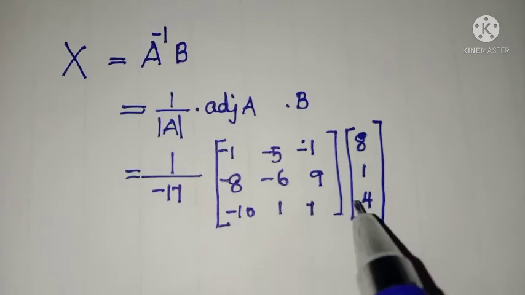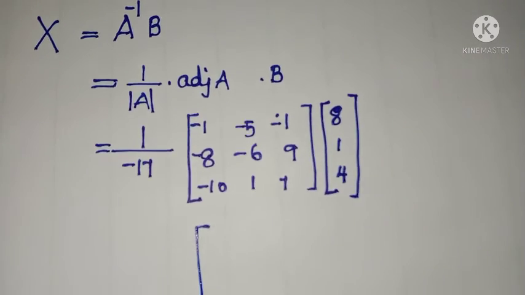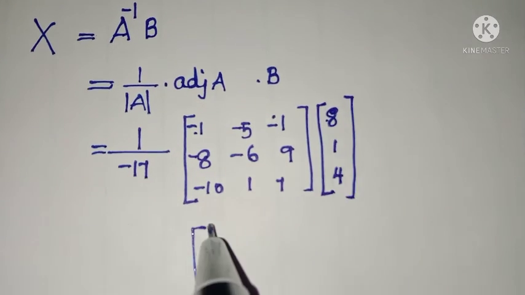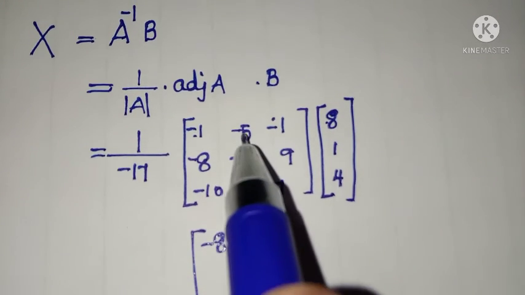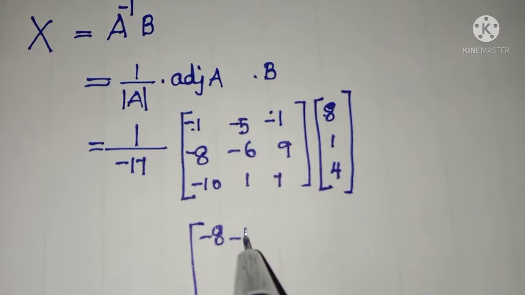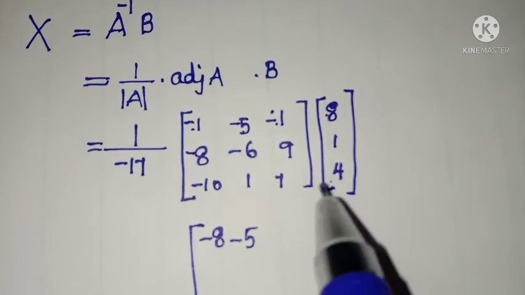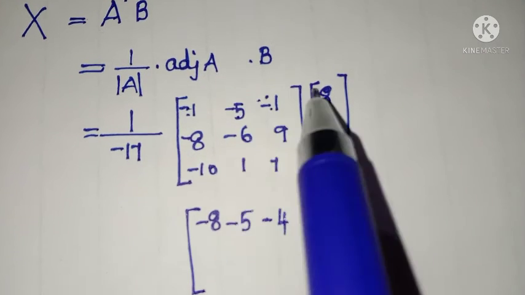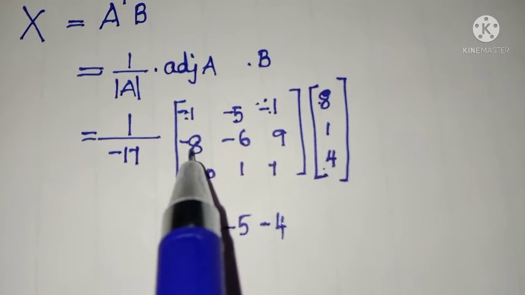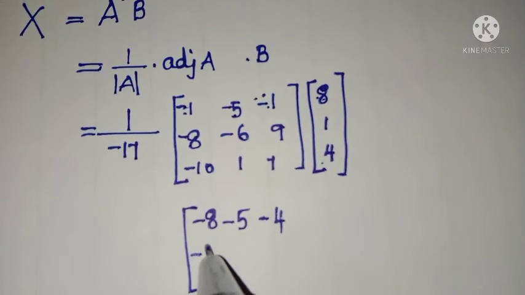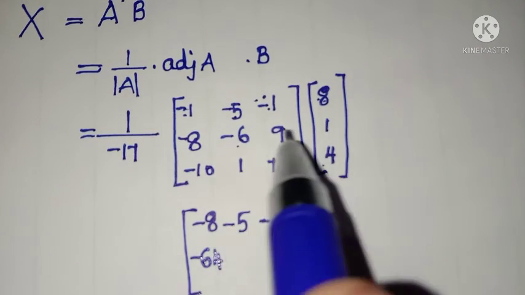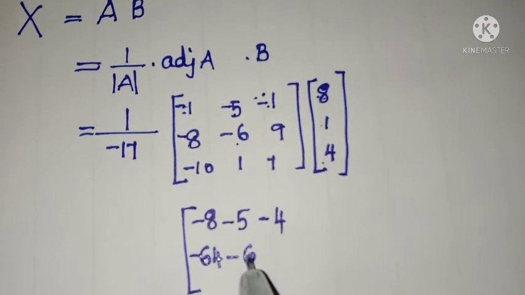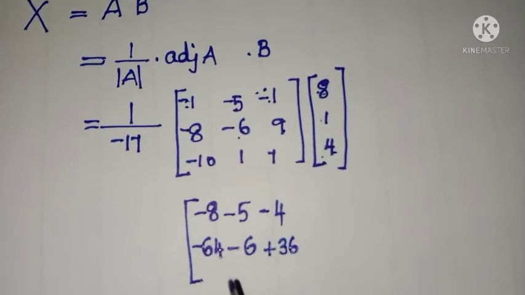Now multiply these two matrices. We have, listen, minus 1 into 8, minus 8, minus 5 into 1, minus 5, minus 1 into 4, minus 4. So the first row is over. Next row, minus 8 into 8, minus 64, minus 6 into 1, minus 6, 9 into 4, plus 36.